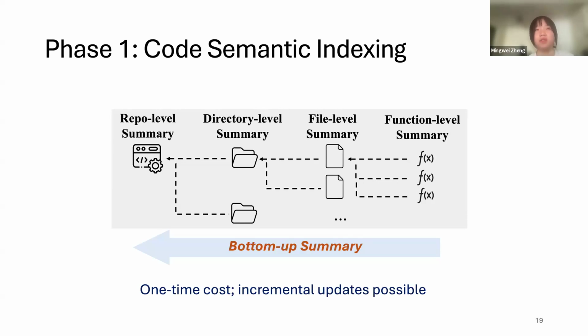Although we are not directly using the whole two phases, the code semantic indexing and the retrieval guided detection, we actually use this kind of semantic code base understanding to guide the testing of the different code bases.